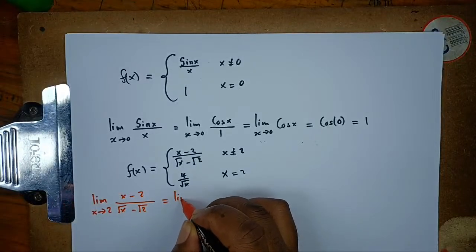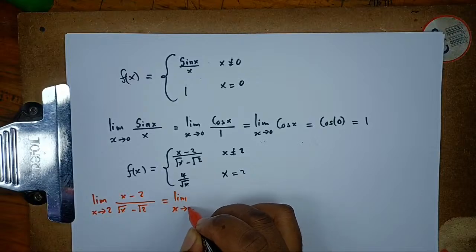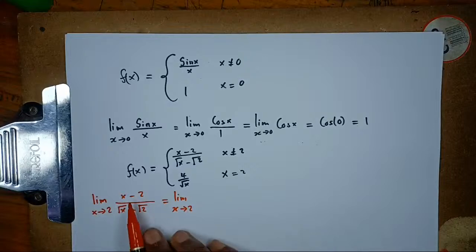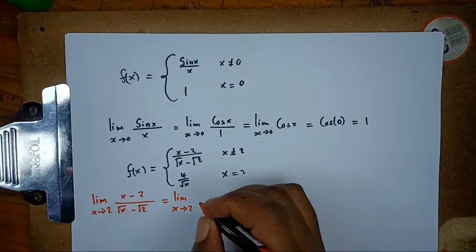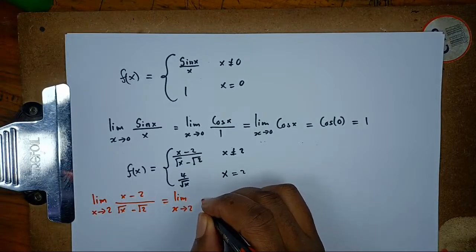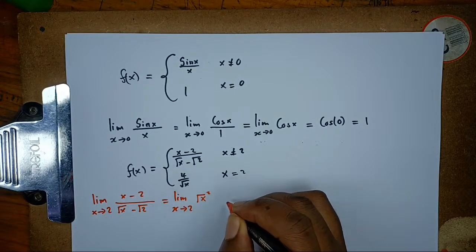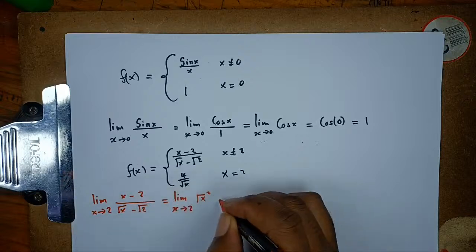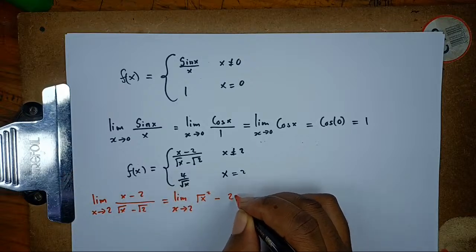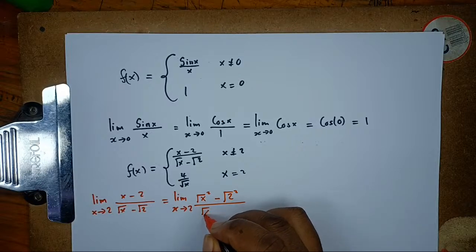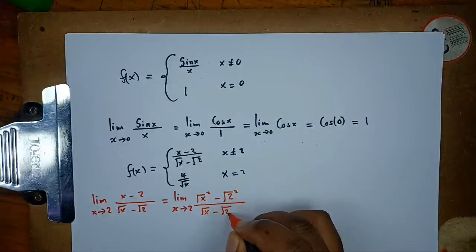For this part, we're going to apply the difference of two squares. This x that you see here can be written as root x squared, and this 2 can be written as root 2 squared, divided by root x minus root 2.